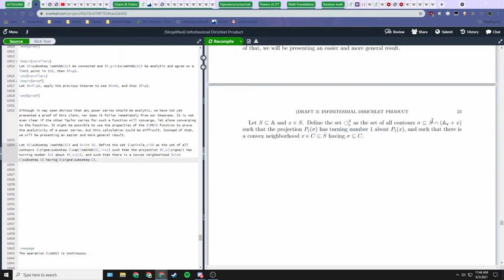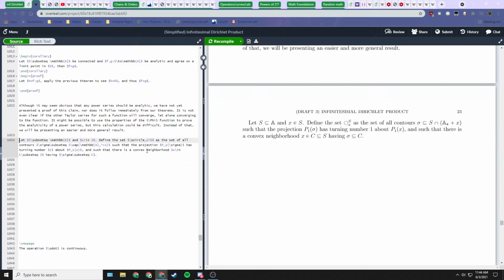We could maybe make this a bit more explicit. We could say sigma is a subset of S, such that the projection P1 of sigma is never equal to P1 of X and has turning number 1.